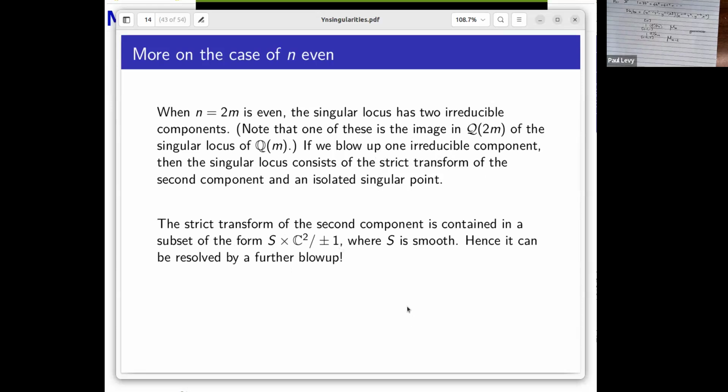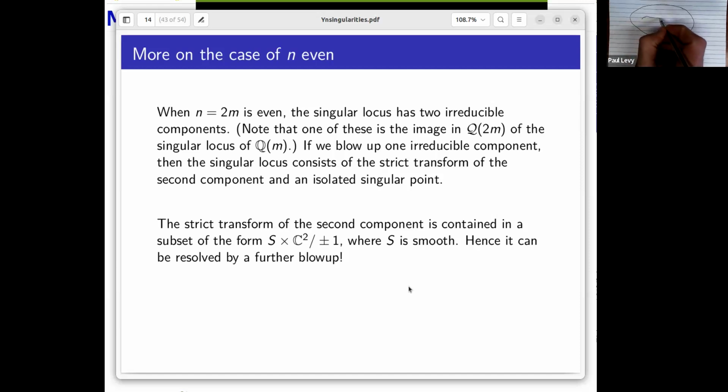if you think about it, you've got, let me draw a picture. I'll try and draw it quite large. So you've got your singularity, and inside you've got singular locus 1.